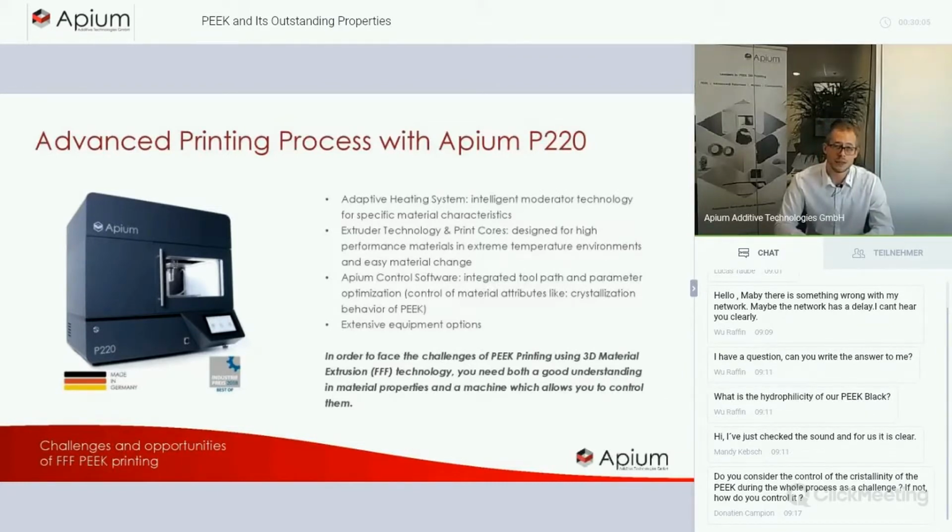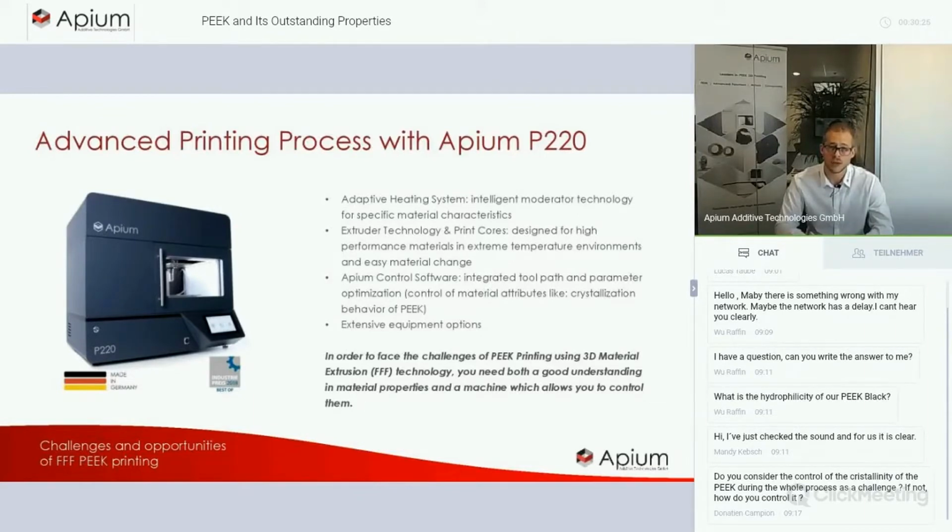What we also did is we did a lot of engineering on the extruder technology, because the extruder plays also a critical role within this complete workflow. We have to make sure that the same amount of material is all the time extruded as we want to have it.